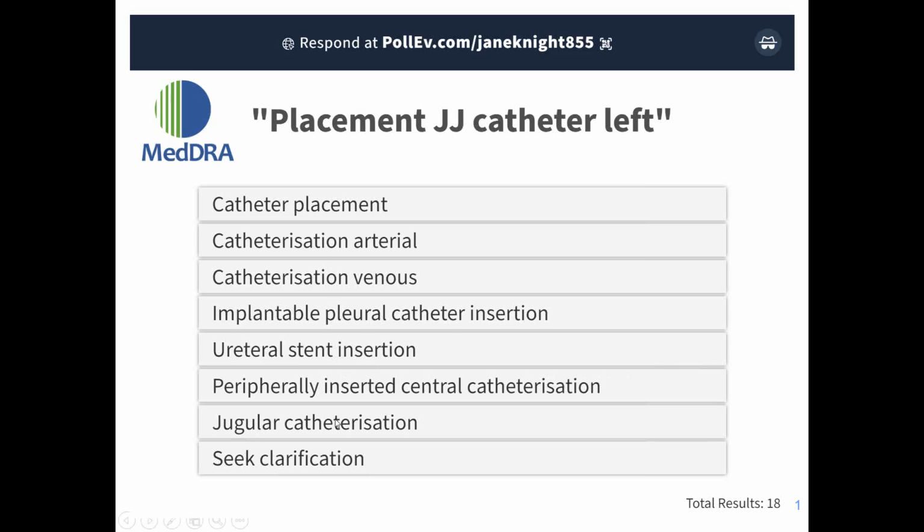Peripherally inserted central catheterization, again, could be on the left. Catheter could be inserted on the left or right side. Same holds true for jugular catheterization. Would you seek clarification? What would you do? Placement, JJ, double J catheter, left.